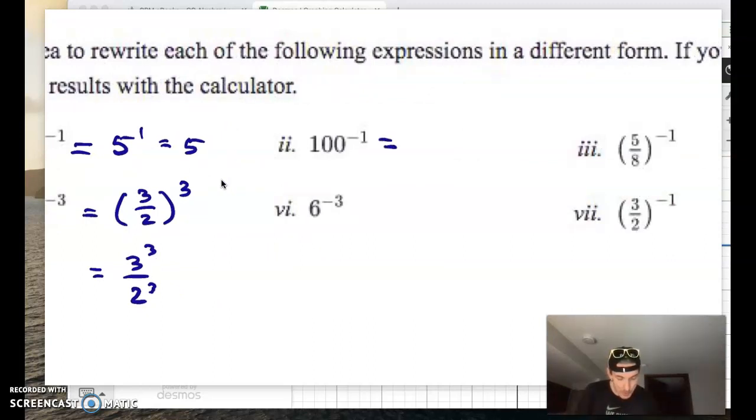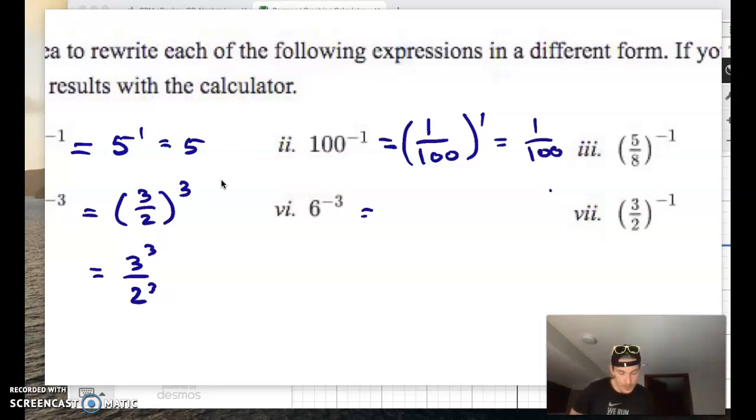Likewise, I can take the reciprocal of 100, and that's 1/100 to the first power. That looks a little goofy, but hey, oops, sorry about that. That's the same thing as just 1/100. Likewise here, I can rewrite this as 1/6 to the third power.